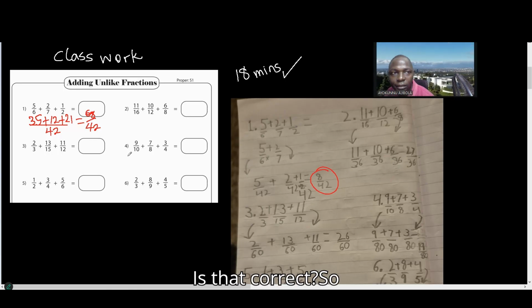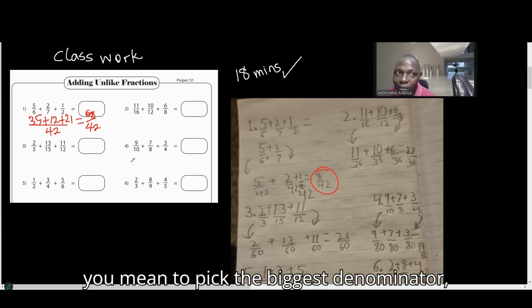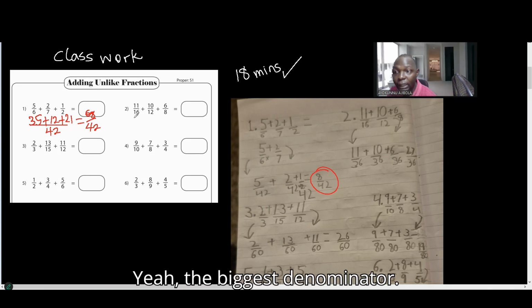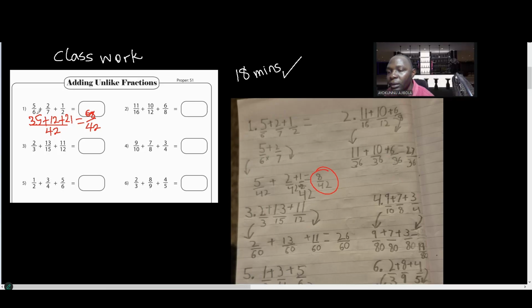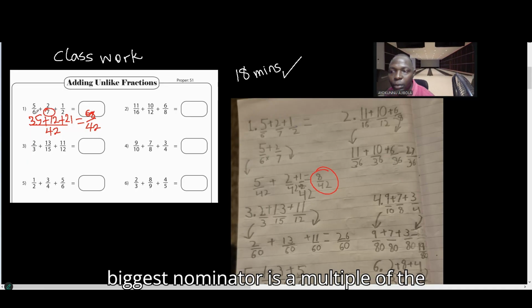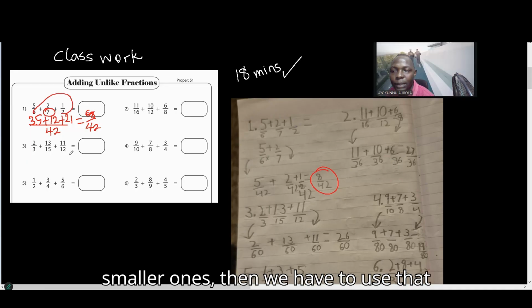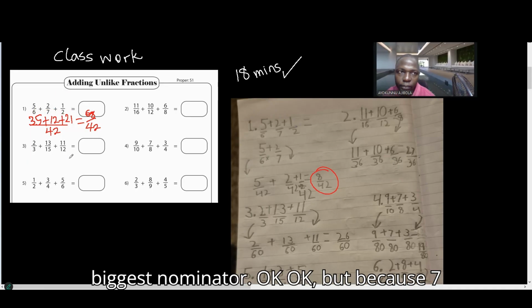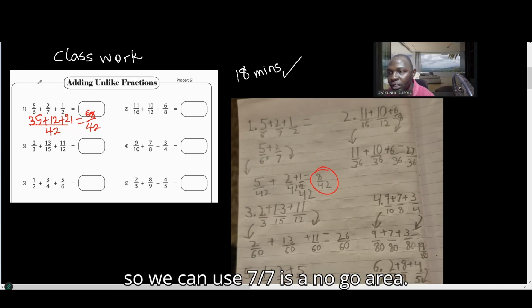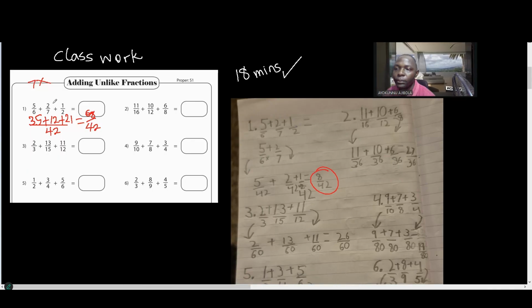Is that clear? So are you meant to pick the biggest denominator, then go all the way up? Yeah, the biggest denominator. If the biggest denominator is a multiple of the smaller ones, then we have to use that biggest denominator, okay? Okay. But because 7 is not a multiple of both 6 and 2, we can't use 7. 7 is a no-go area.